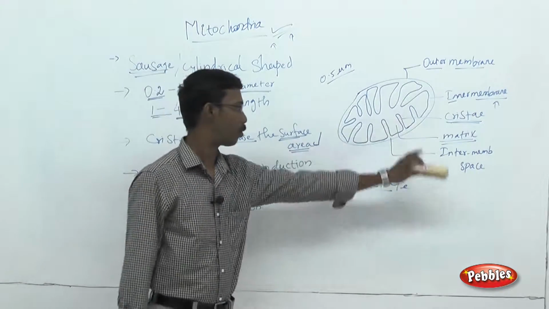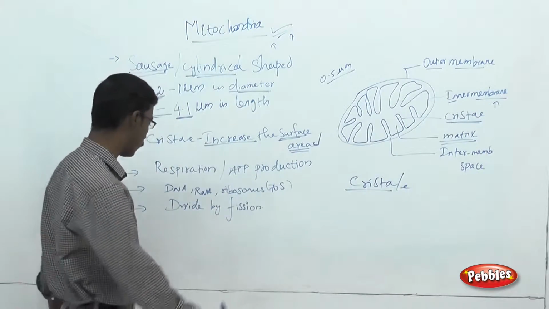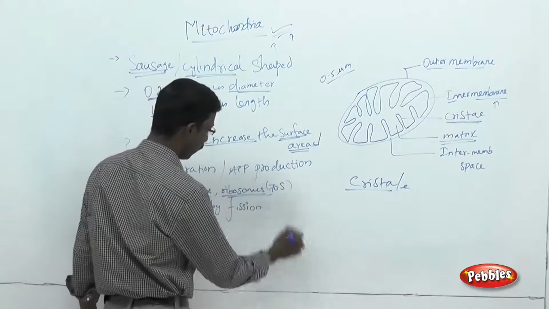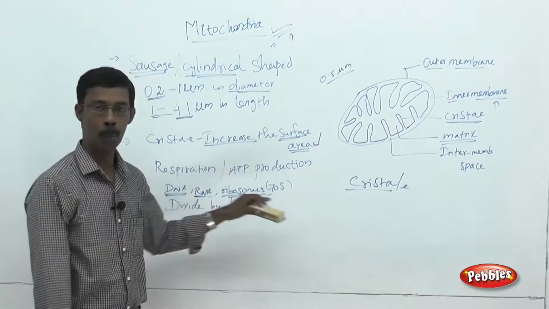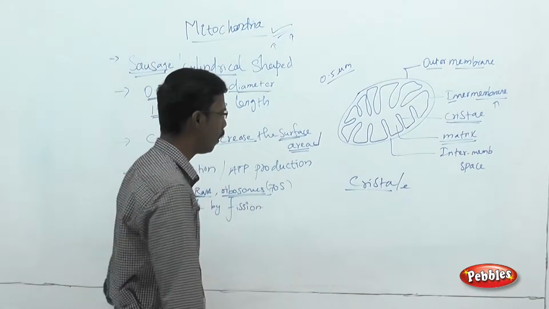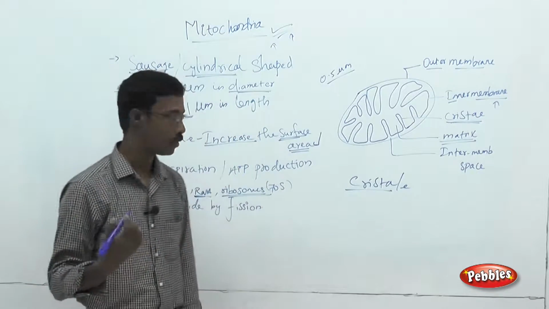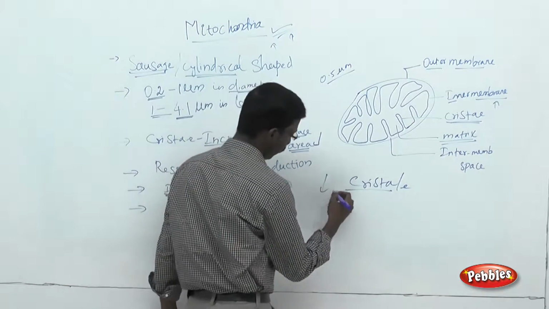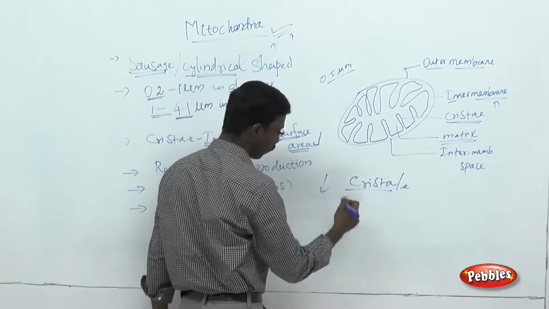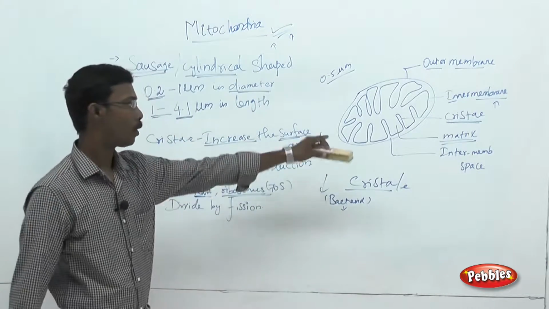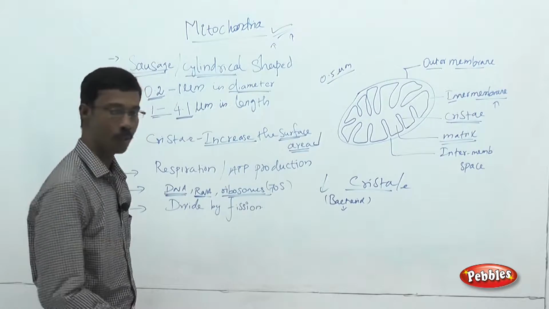The matrix also contains many other molecules such as DNA, RNA and ribosomes. They are all involved in protein synthesis. You must remember one thing: there is a hypothesis that mitochondria are actually the descendants of bacteria. To support this hypothesis, there are some points to remember.